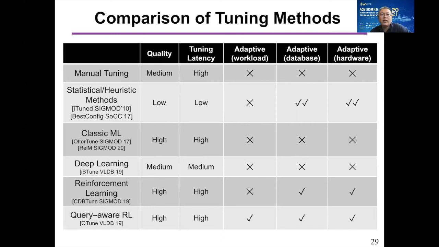So we can say that manual tuning usually has high tuning latency, and some heuristics can adapt to the database, but rely on some training data. And reinforcement learning can adapt to different databases and hardware. And deep learning, because it relies on some training data, is not very easy to adapt to different scenarios.